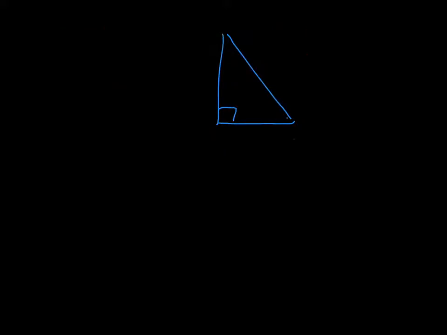Okay, so let's have another go at finding a side. This time we're going to use cos. And you would probably remember that cos equals adjacent over hypotenuse. So for this example, here is our angle and it's 38 degrees. And our hypotenuse is 8.5.